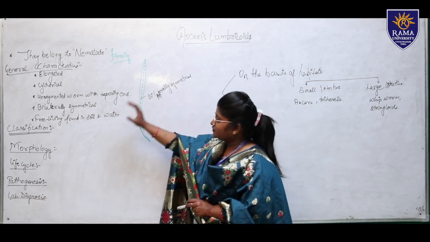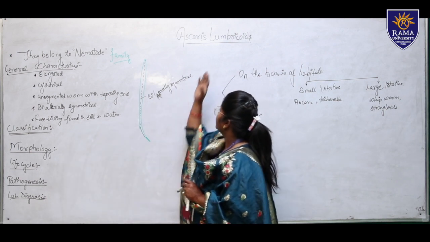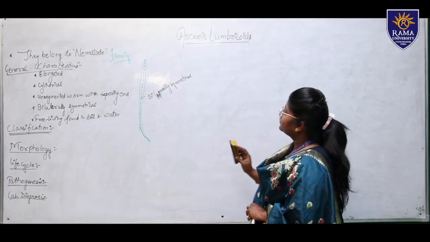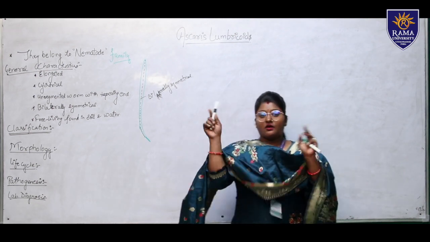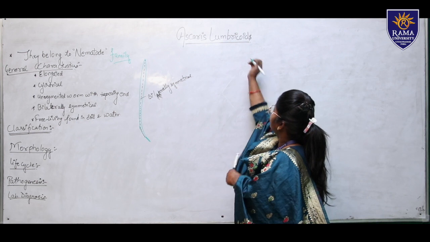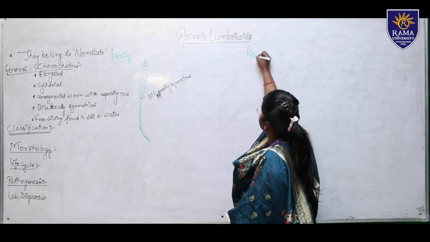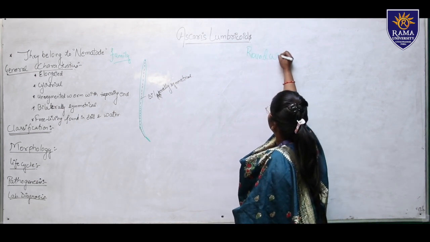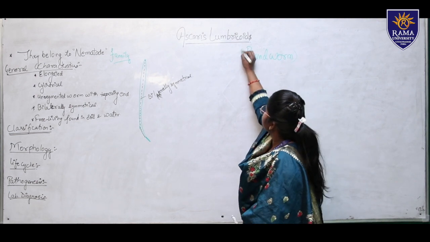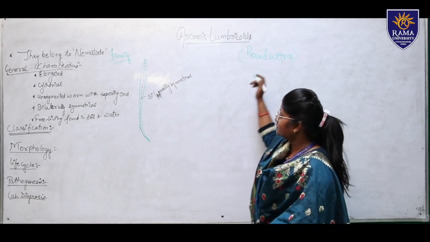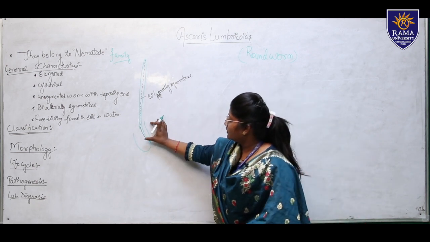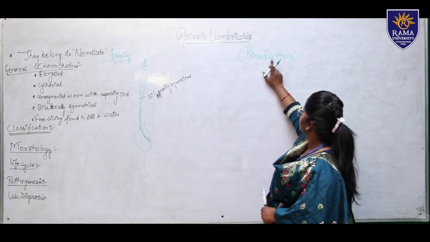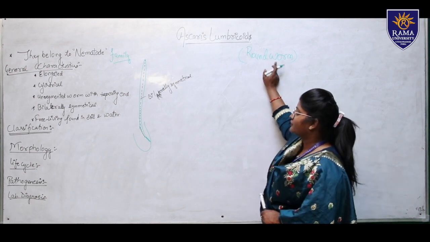Now let's come to the morphology of Ascaris. Before starting, I would like to say that Ascaris is also known as roundworm. This name round belongs to this rounded, hook-like pointed structure, which is why it is called roundworm.